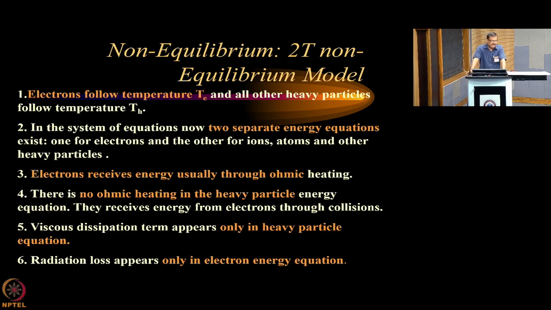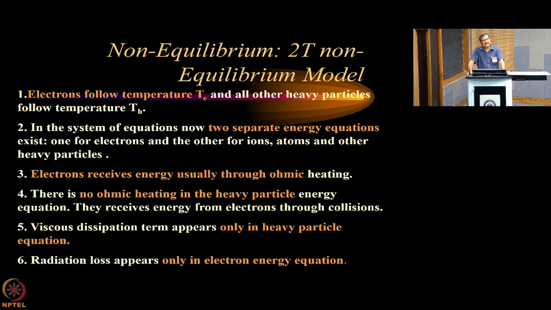So electrons are receiving energy in this model. They are receiving energy through ohmic heating. Now you know the same principle as in a solid conductive system, the heating occurs the same way. The plasma poses some resistivity depending on the kind of plasma that has been created, and when the current is passing through that, the electrons are receiving energy from the field.